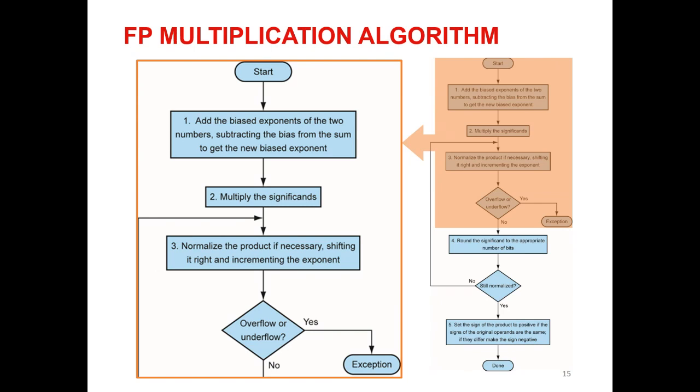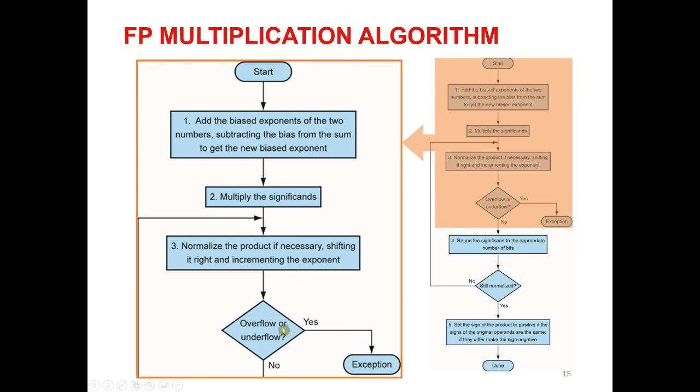So for binary, the method says we add the biased exponents of the 2 numbers and then subtract the bias from the sum to get the new biased exponent. We will see an example later. Remember that for single precision, the bias for the exponent was 127, and for double precision, it was 1023. Then we go to the second step, which is to multiply the significands. After that, we normalize the product, shifting it right and incrementing the exponent.